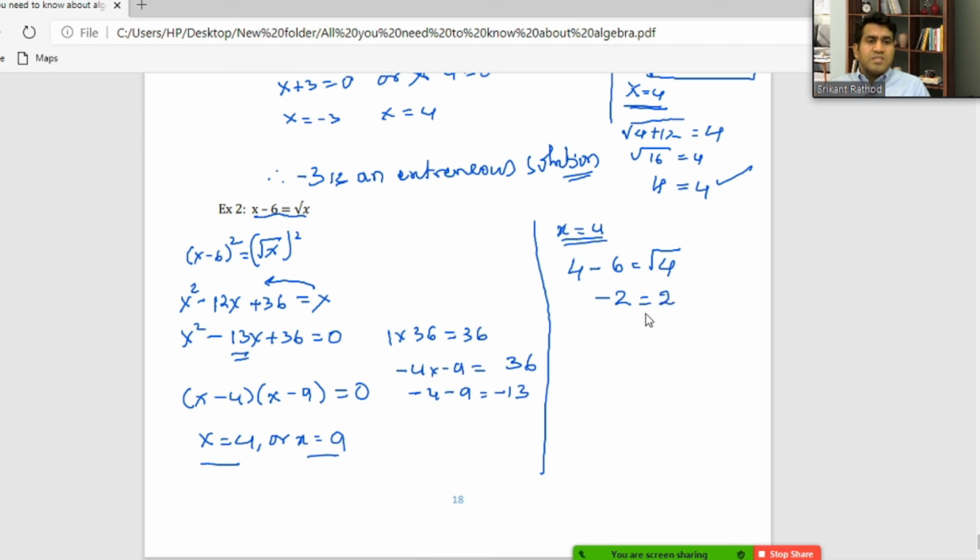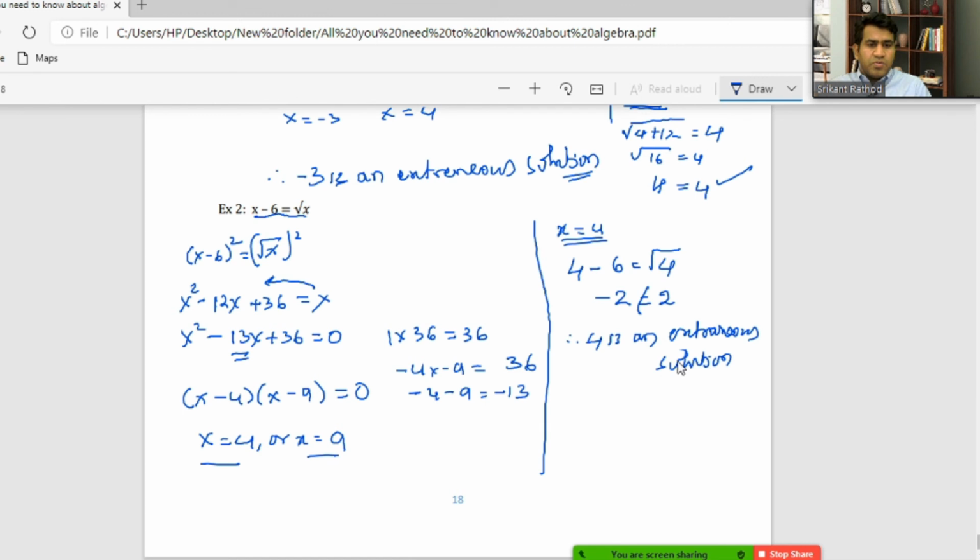As I told you, instead of writing plus or minus 2, you take the square root value as positive. So minus 2 is not equal to 2, then I can say 4 is an extraneous solution. Alright, so this is how you check.